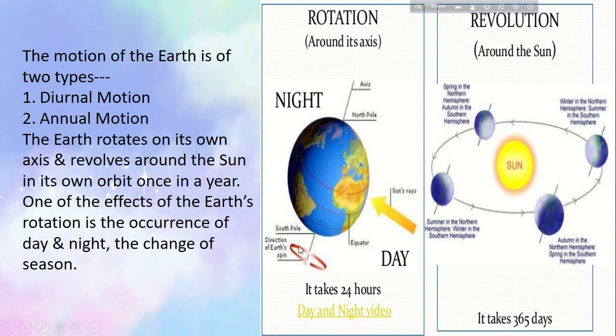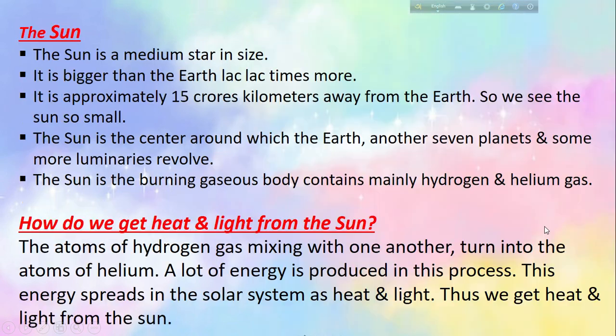The Earth's spin direction is from west to east. In diurnal motion, Earth rotates on its own axis, it takes 24 hours, and day and night occur. In revolution, Earth revolves around the Sun, season change occurs and the fluctuations of day and night occur, and it takes 365 days. More precisely, it takes 365 days, 5 hours, 48 minutes and 47 seconds.